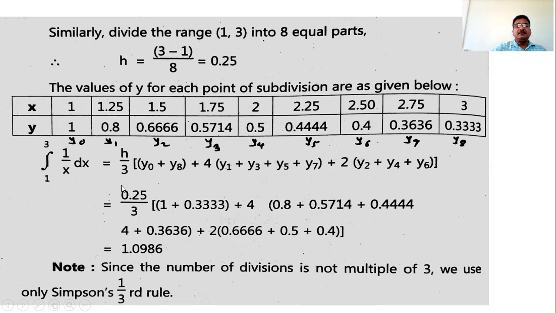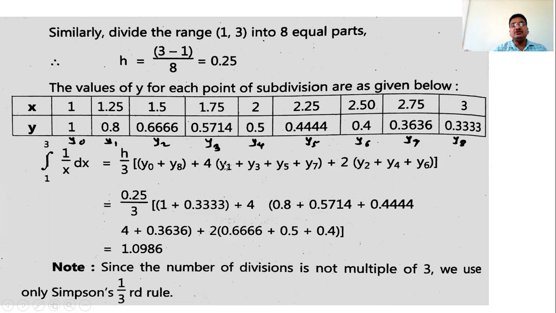Okay, and then write Simpson's one-third rule for this example with this table. Integration 1 to 3 of 1 by x dx, that is a to b of f(x) dx, is equal to h by 3 in round bracket: first value of y, that is y0, plus last value of y, that is y8, plus 4 times the odd suffix terms except first and last.